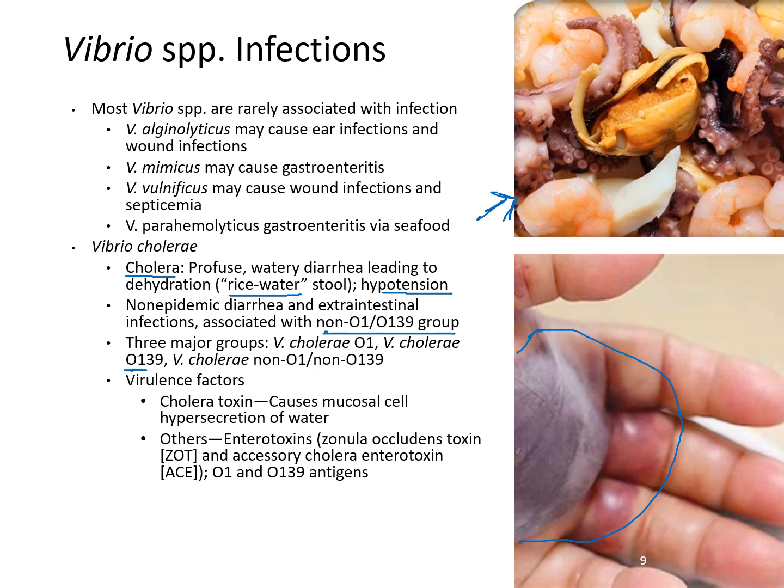They have different labels to them, but there are some different types of strains of the Vibrio cholerae. And so what they do is they produce a cholera type toxin, and so it causes those mucosal cells within the GI tract to hypersecrete water, and that's where you get that watery diarrhea, or that rice water diarrhea. And of course they have different enterotoxins that are associated with these different strains.